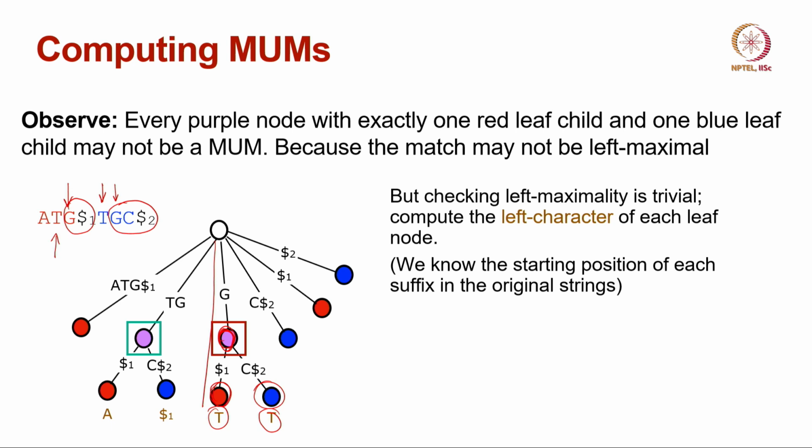Because I can compute these left characters, I can easily check whether this path label is left maximal or not. In this case, because both leaf nodes have equal left characters, this is not left maximal, because it implies that I can extend my match left by one position as well.